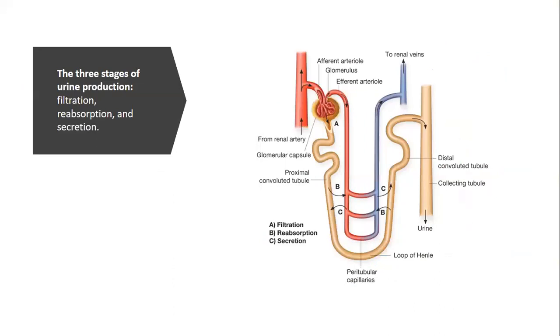Here are the 3 stages of urine production: filtration, then reabsorption and secretion, in the same nephron unit.